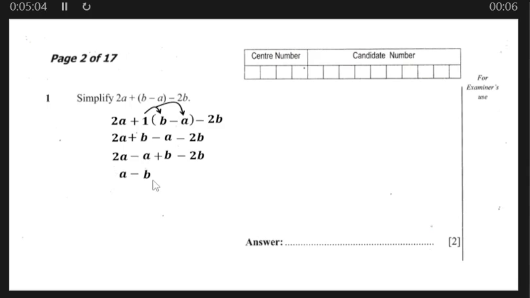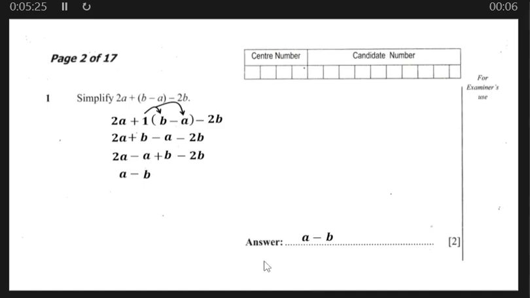Can we simplify this further? Basically, no, because these are not like terms. So we end here. We have simplified this expression to this. Our answer is a minus b.